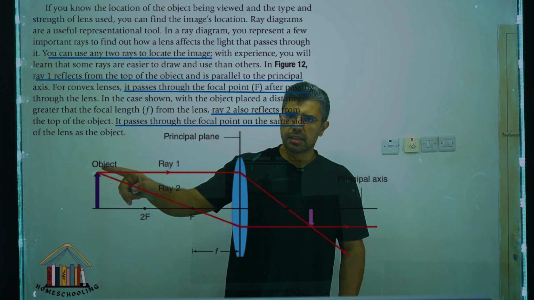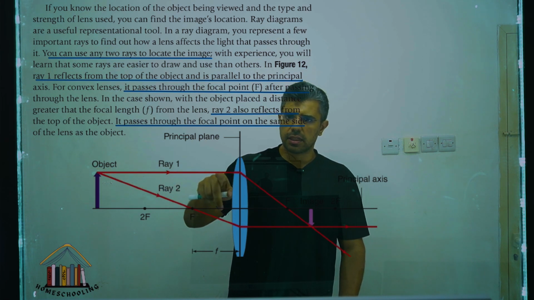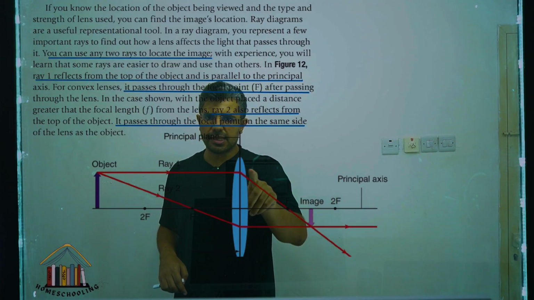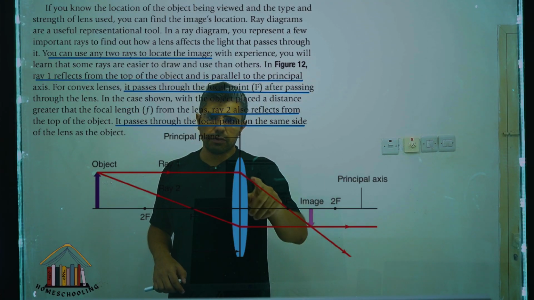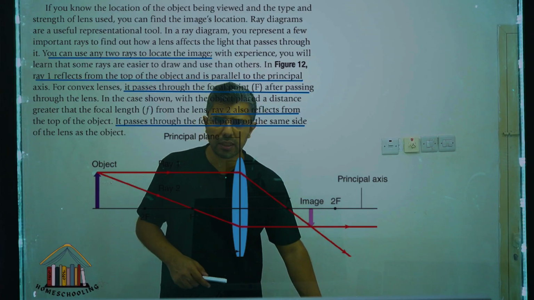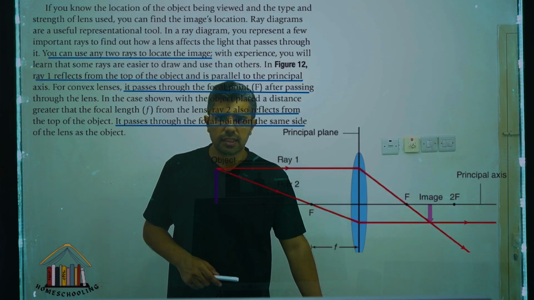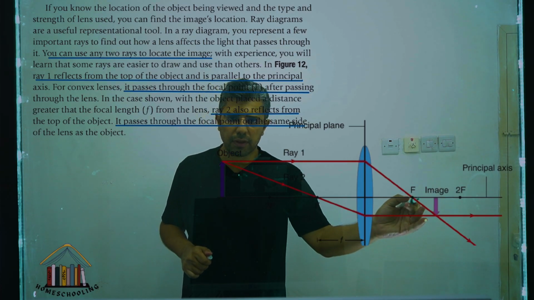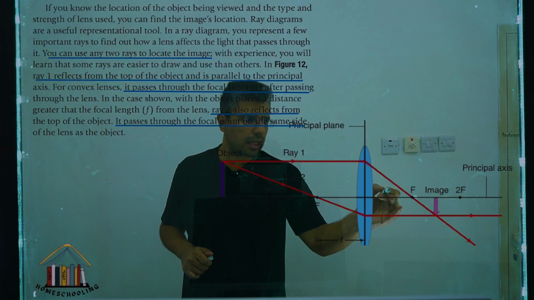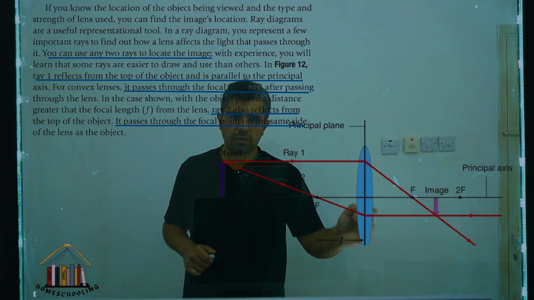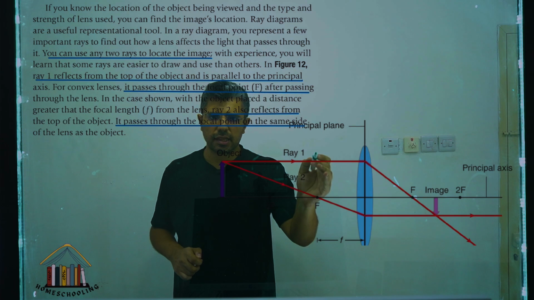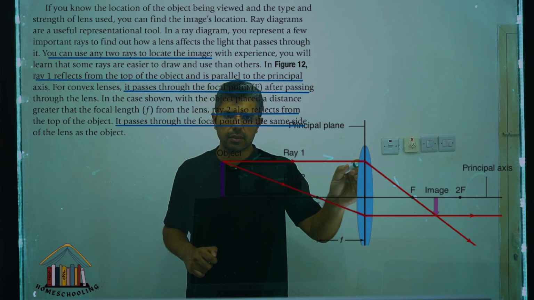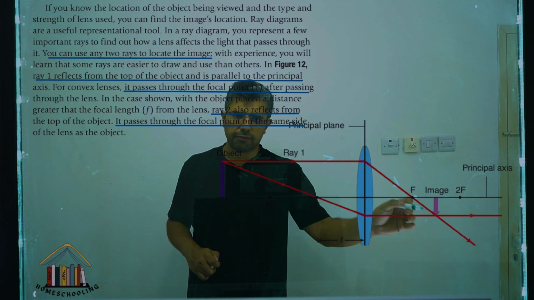Ray 1 hits the lens at this point and converges, going down to point F, as we see here. So all the light passing through converges to point F. This is ray 1: it starts from the object, hits the lens, then goes toward point F and continues.